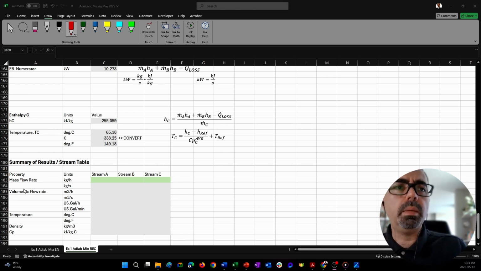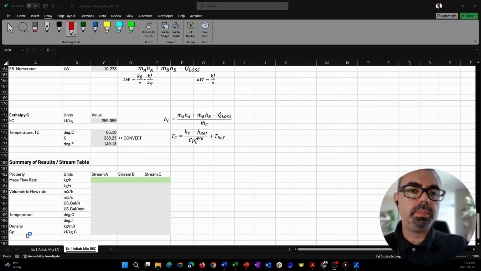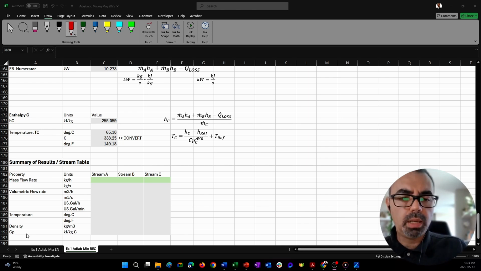It contains mass flow rates, volumetric flow rates, temperatures, and any other relevant properties of the stream, like density, heat capacity if possible, but it can also contain compositions, relative humidity, for example, if it is a gas stream, or elemental compositions if you're tracking a specific element or component, like concentration of salt, if you require. So that will depend on the specific problem, the information you need to show.